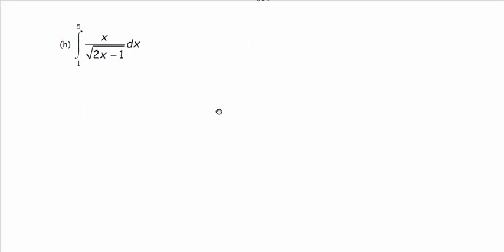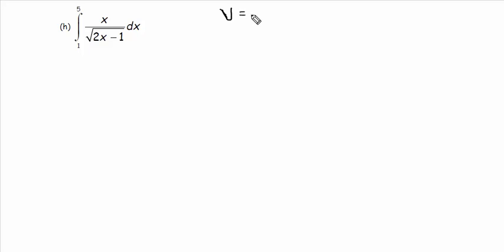Alright, so the integral from 1 to 5 of x over the square root of 2x minus 1. So u will be 2x minus 1. Now remember, these are x values, x equals 1 to 5. So du is 2 dx, and then I'm going to divide by 2 to get du over 2 is dx.